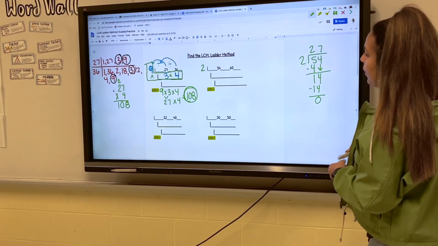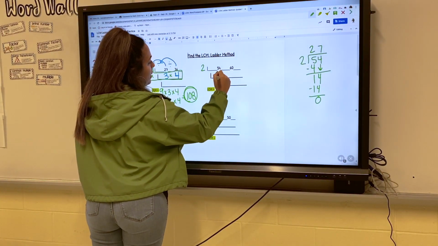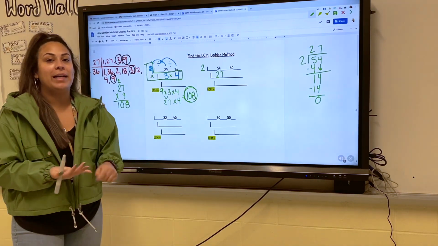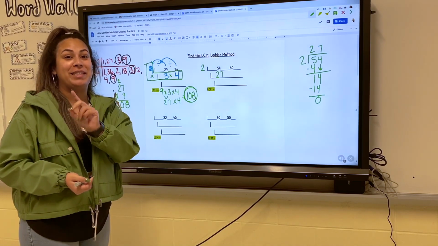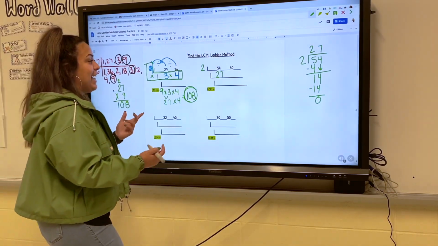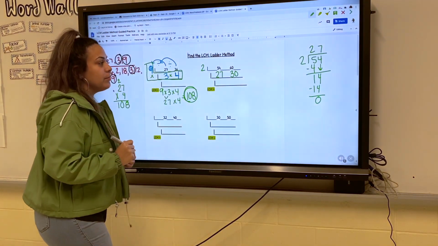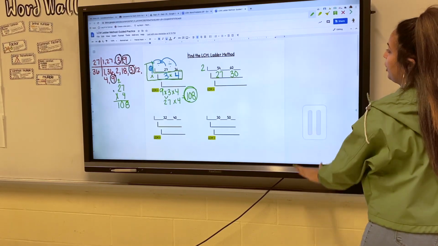Subtract. I get 0. So 27 is going to go underneath 54 because that's what I got when I did 54 divided by 2. I do, however, know 60 divided by 2, and that's 30. So now I have 27 and 30.